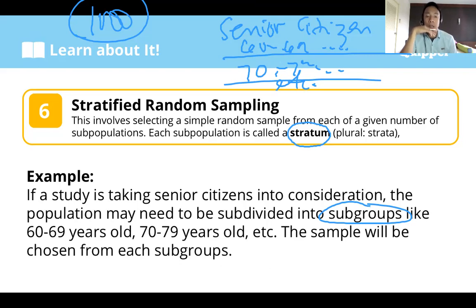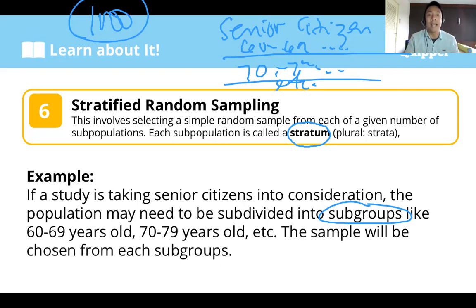For example, ang research nyo is about the effect of online class, for example, the effect of online teaching to the quality of education, parang anong effect nung online teaching doon sa quality na makukuha ng mga bata.